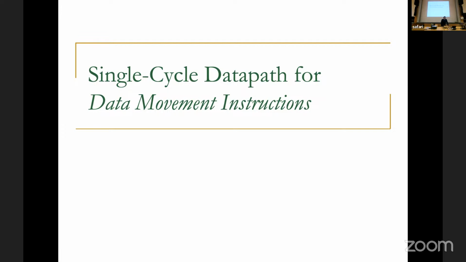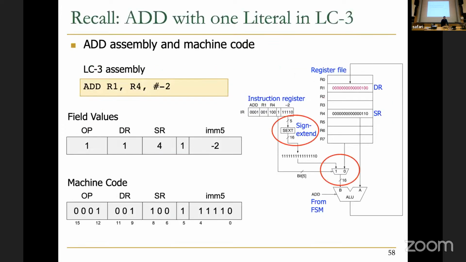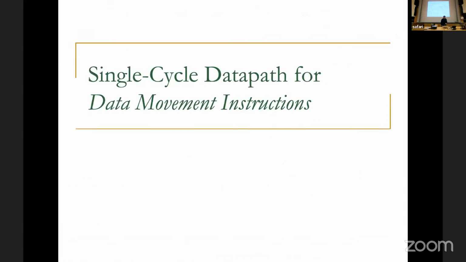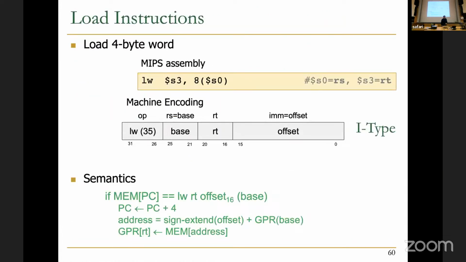So now we're going to move on to data movement instructions. Just recall that we designed the data path for R-type and I-type ALU instructions. Now we're not going to scrap it completely, but we're going to try to add data movement on top of it.